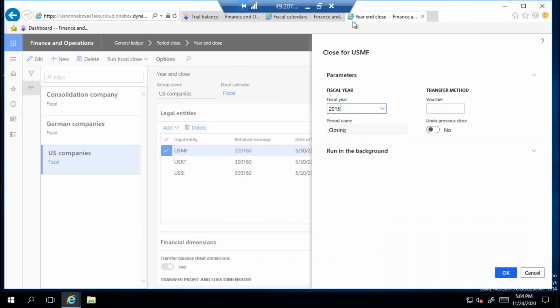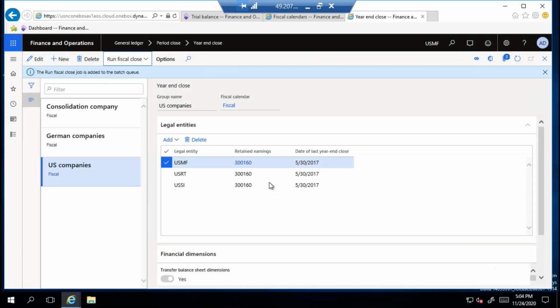Okay, let me run this process for 2017. I'm executing 2017-1, something you can enter as the voucher. Okay, click OK. If I execute, then it will be a batch process. It is running the batch job.